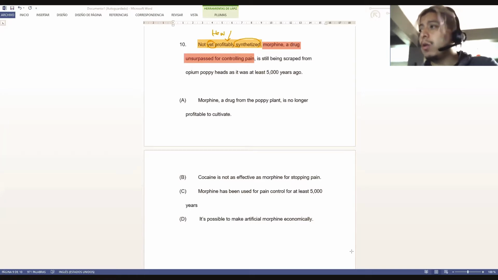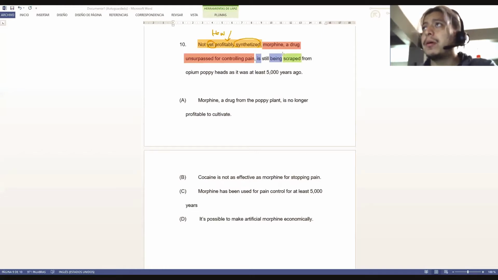Okay, so what happens with morphine? Morphine is being scraped. This is the passive voice. Still is an adverb. Is being is the verb to be in the present continuous, and the real verb is in the past participle.